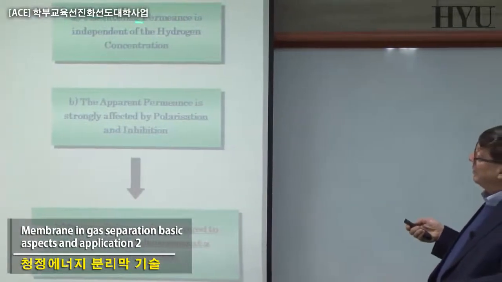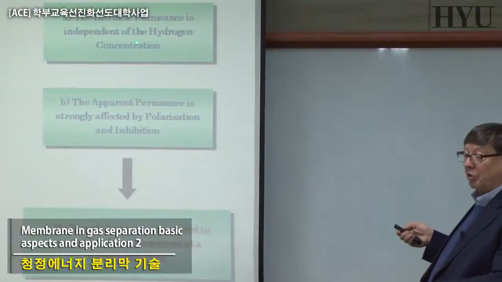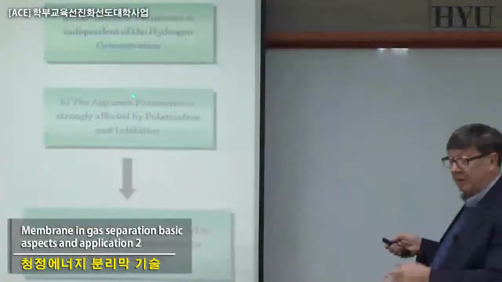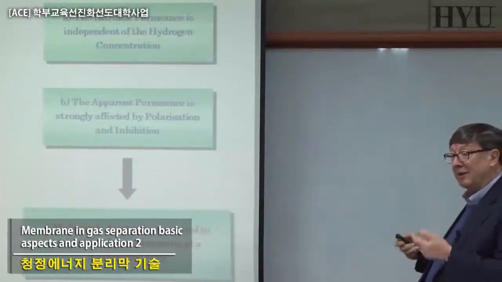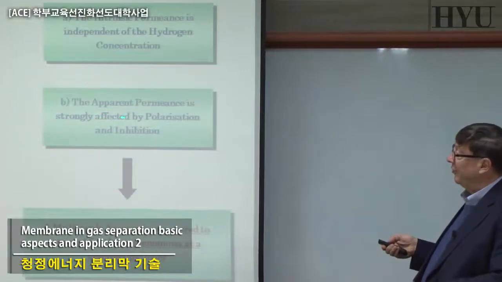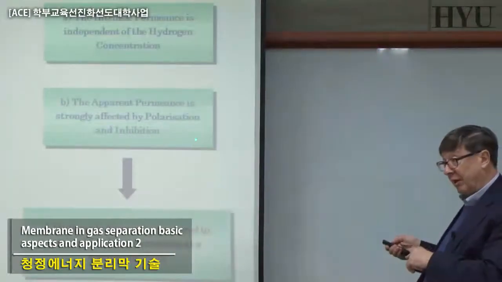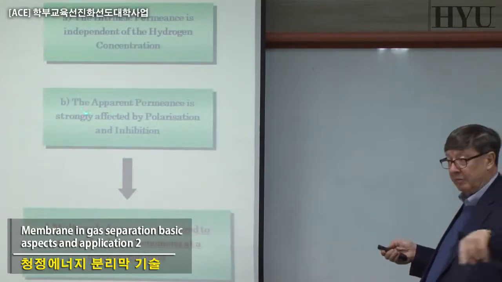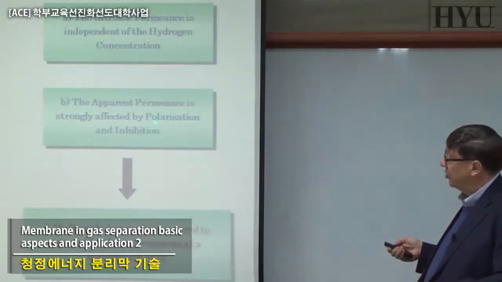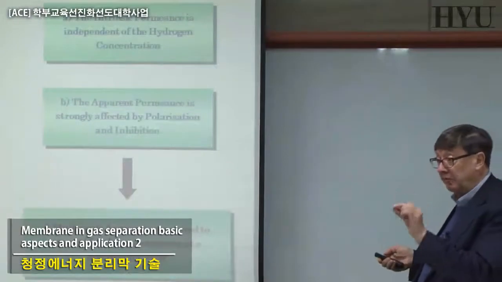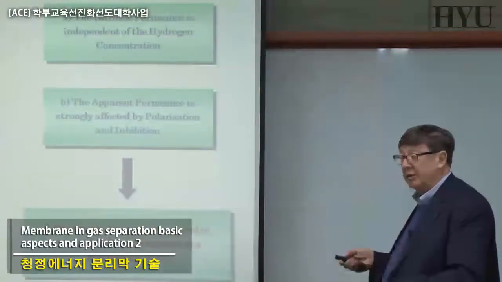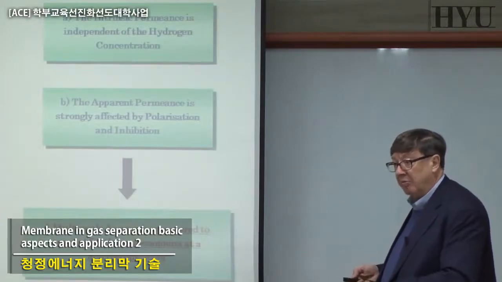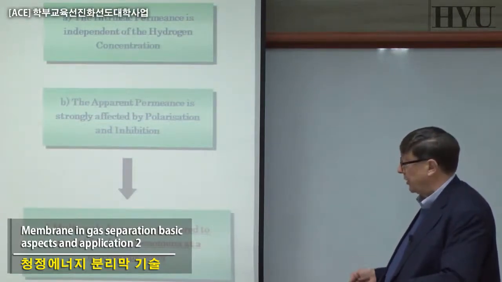So the intrinsic permeability is independent of hydrogen concentration normally, but we have an apparent permeability, the real one, not the intrinsic one. The real one is very affected by both polarization, any other species that can accumulate on the surface forming a concentration profile, and inhibition, the specific interaction of the penetrants and also the other species with the membrane surface, which in the case of palladium is quite significant.